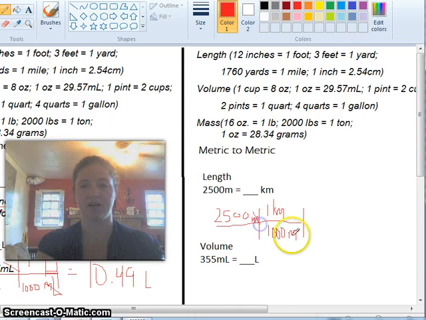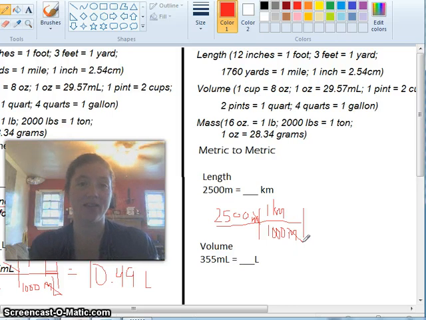My meters cancel out, and then we just have to multiply across. But the wonderful thing with metric is everything is a base of 10. So it's either going to be a 1, or, like here with 1,000, 1 times 10 to the some kind of exponent. So what this means is that I can go here and I can look, and 2,500 times 1 is 2,500, and I can do my cancellations just like if I was simplifying a fraction, which means I can take my zeros and cancel them down and cancel them down.